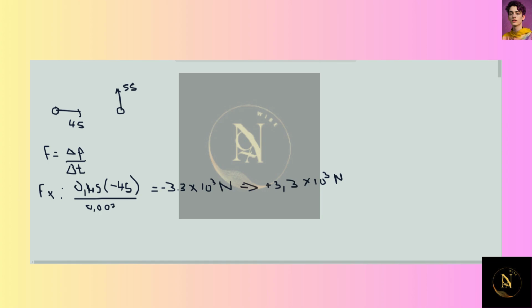Then you do the same thing in the y direction. You calculate F of y in the same way, with the same mass. Now the change in velocity is different: it's positive 55 because it goes from 0 to 55, since it's now moving in the y direction.